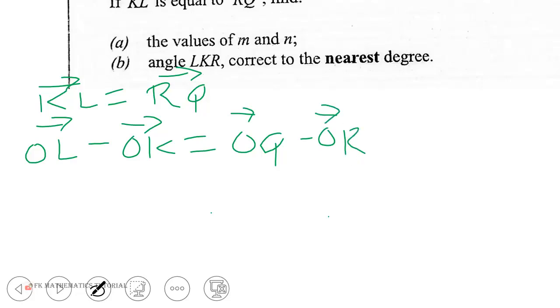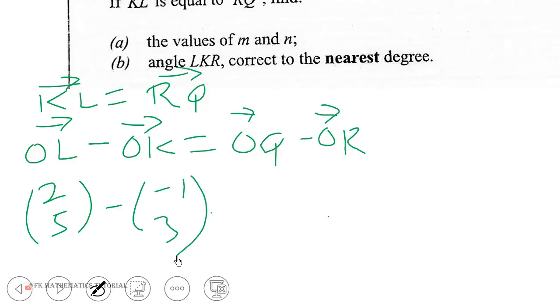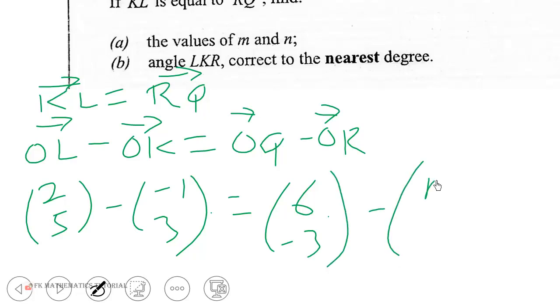Vector OL will be (2, 5), then vector OK will be (-1, 3), then this will be equal to vector OQ, which is (6, -3), and OR will be (m-1, n-2).